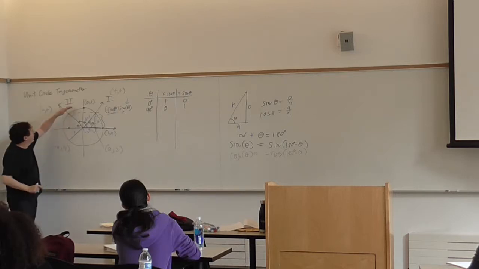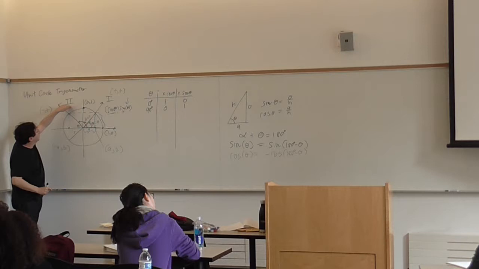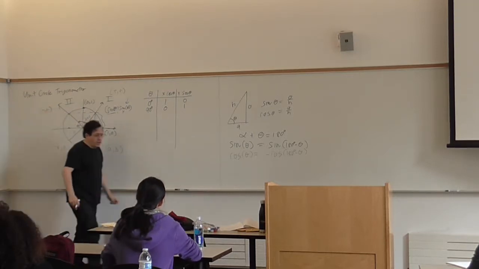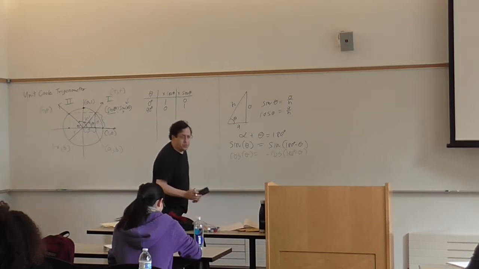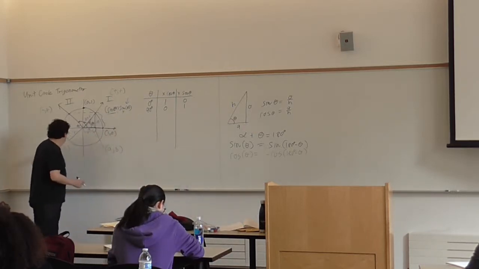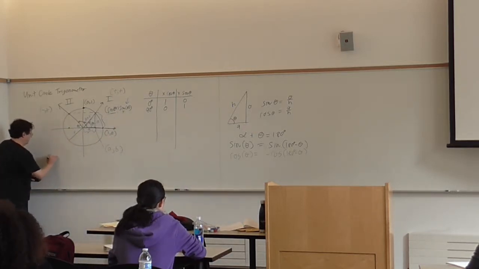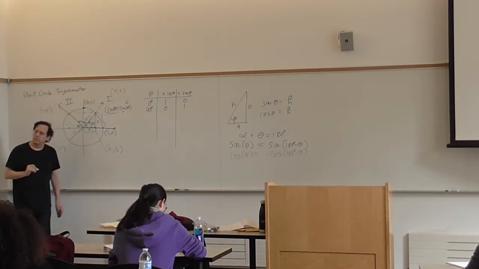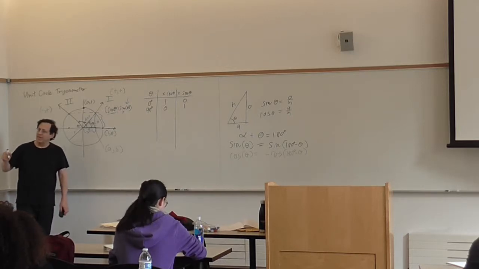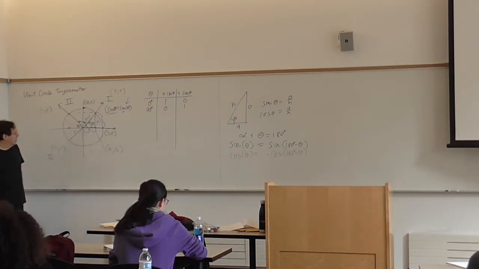I mean, you can just tell that by thinking about points in this quadrant, right? The x is negative, the y is positive. What's going to happen down in the third quadrant? Negative, negative. Who said that? Did you say that? Yes, thank you.